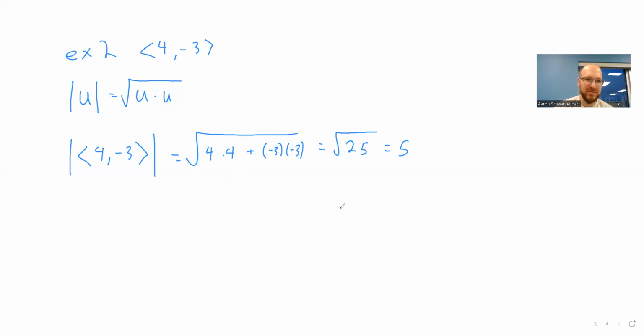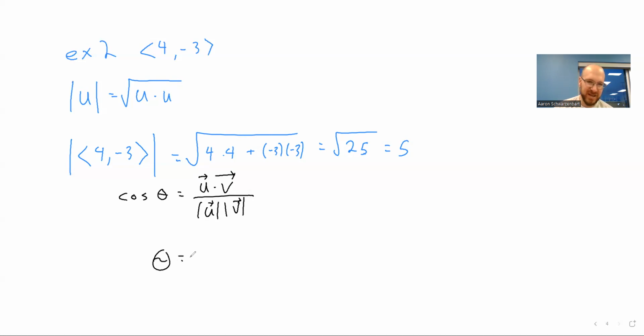And that's there. Okay. Now we're going to talk about finding the angle between vectors. And there's this property of dot products that says u dot v over magnitude of u, magnitude of v, is equal to the cosine theta.